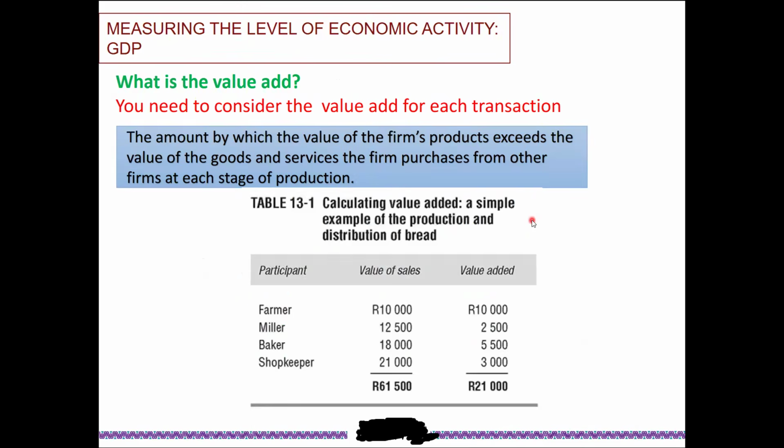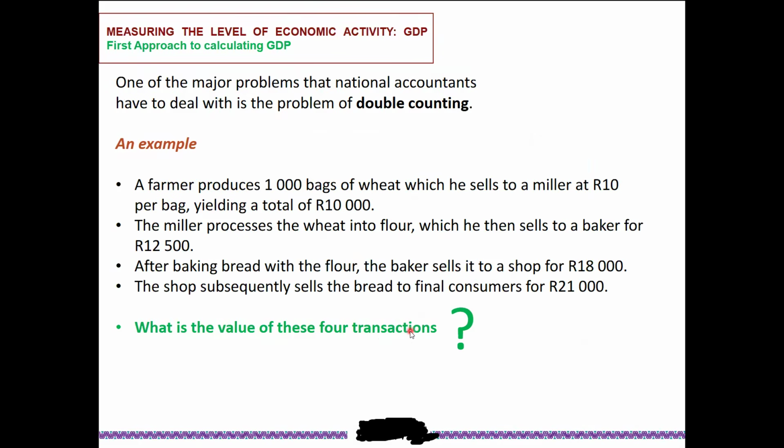So the baker will pay 12,500 for that flour. So the value which has been added now is 12,500 minus 10,000, you get what? 2,500. That is the value added, right? By the miller.